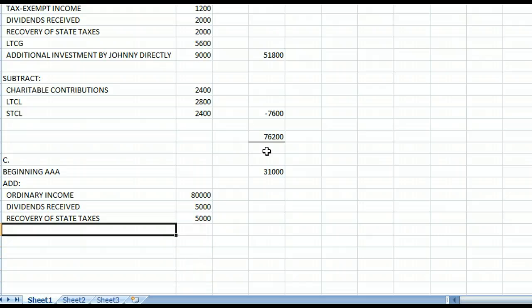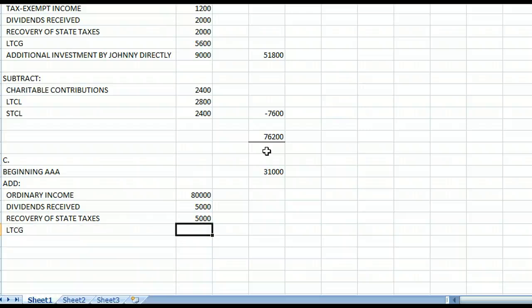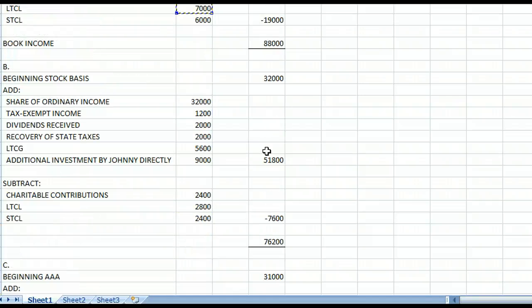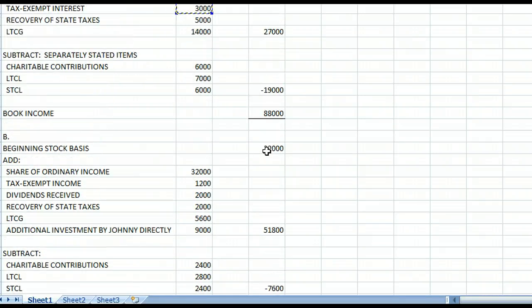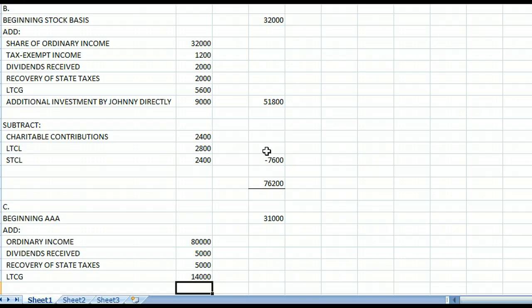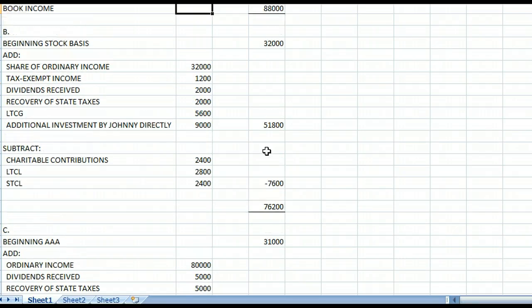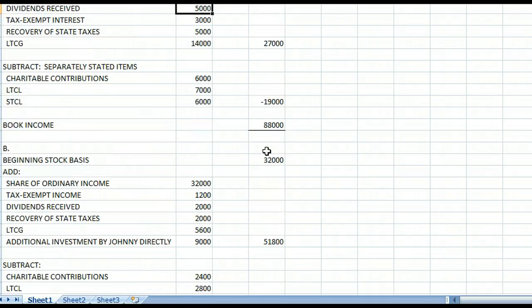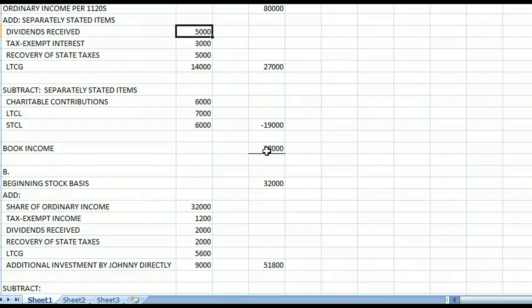And then we're going to also pull my long-term capital gain. In total, 14,000. Now if you'll notice, the only thing I haven't pulled from up here that we add as a separately stated item was this tax-exempt interest.